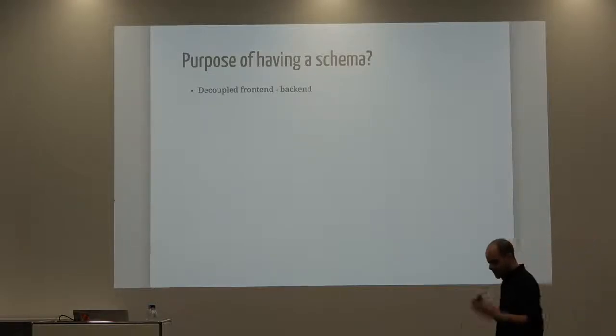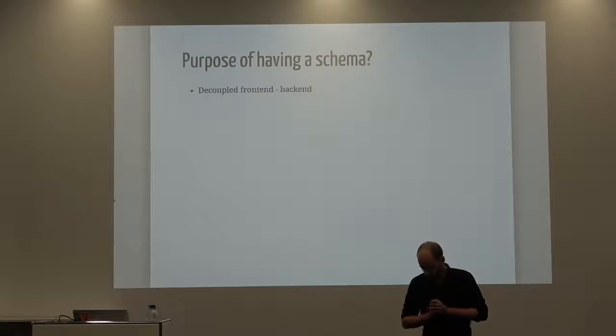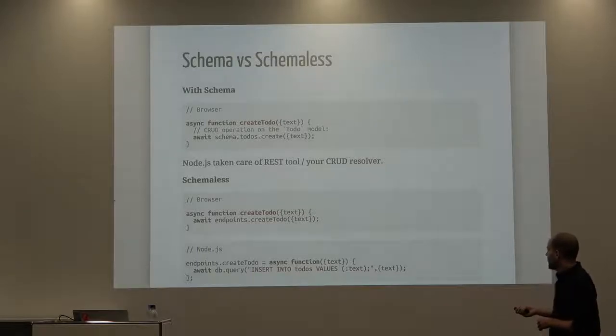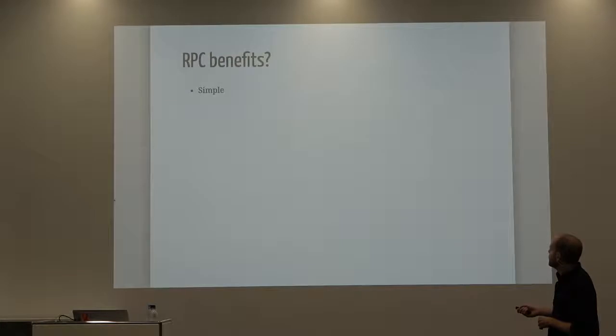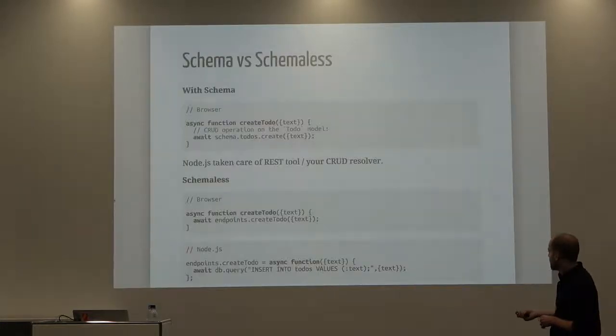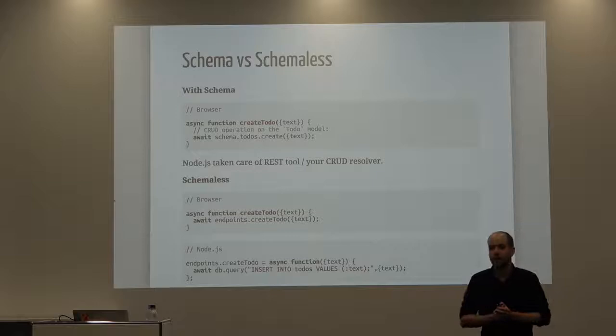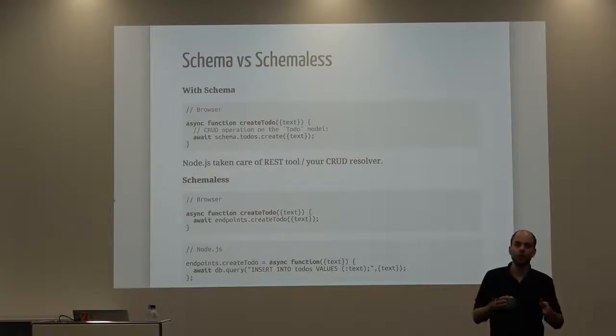The answer is decoupling. If we go back to this example and we want to change the front end, let's say we want to be able to create a to-do item and set it as completed right away.